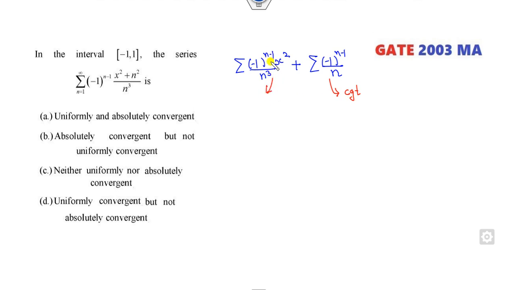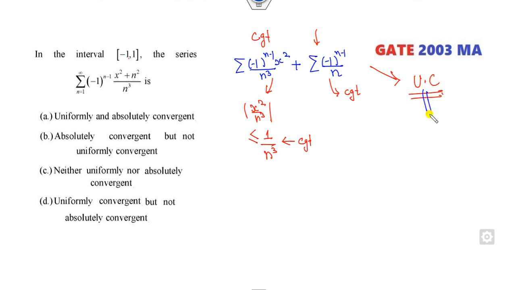Why? Because of how you can say it's convergent. Again, it's an alternating series, but it's a power series. So you can take the absolute value. It is nothing but my here. So x square will be less than or equal to 1 over n cube, and it is convergent by the P test. So this is convergent, this is convergent. So this means this series is my uniform convergent.